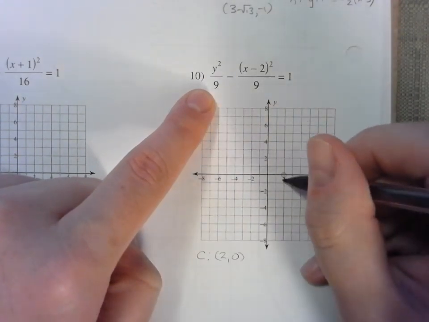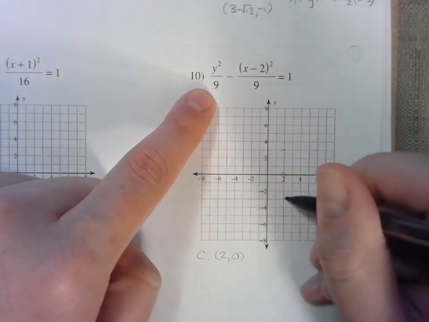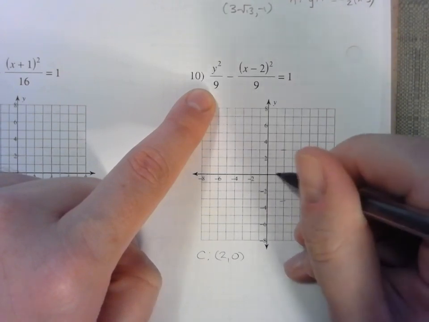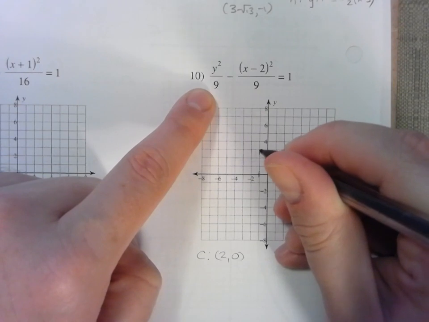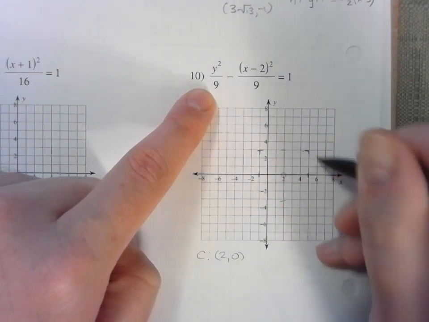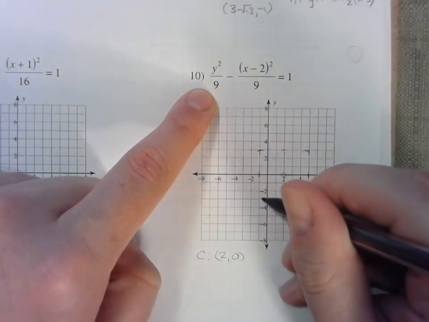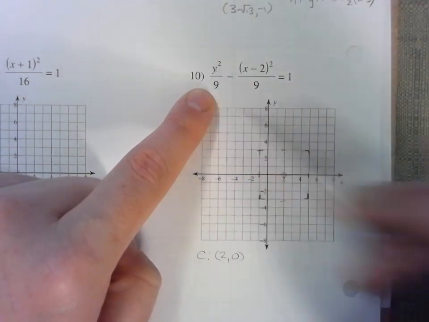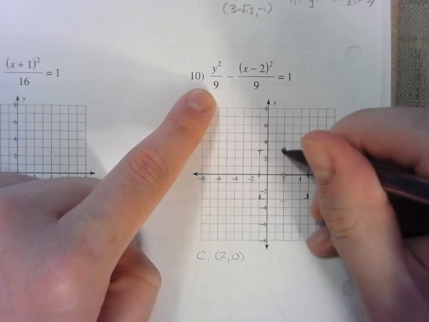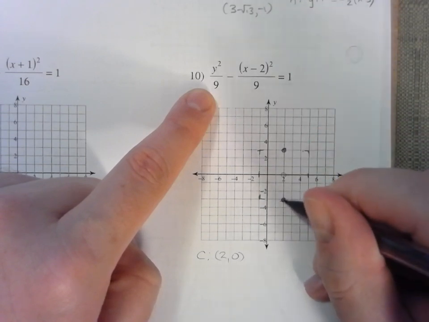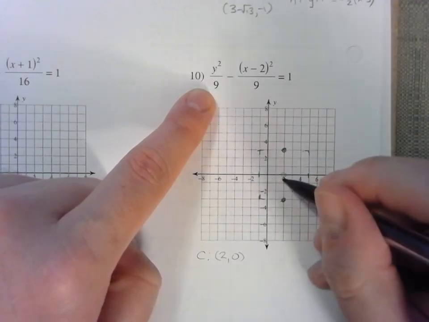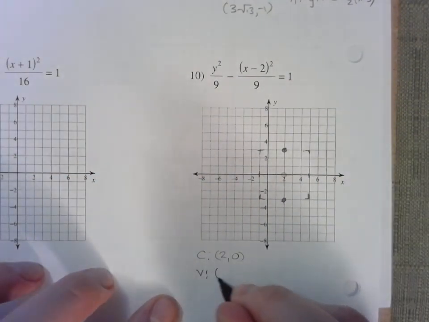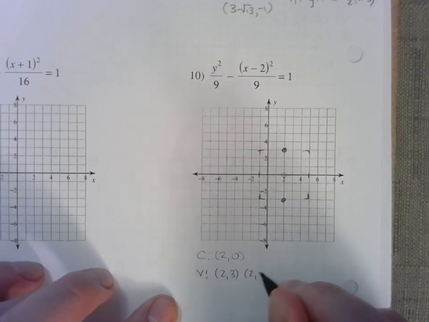So actually I'm making a square. That's really nice when we get to do our asymptote. The y is positive, so the topmost and bottommost points are your vertices. 2, 3, and 2, -3.